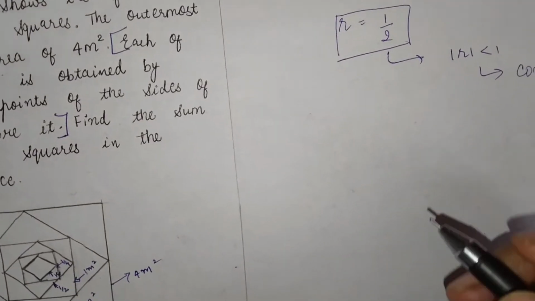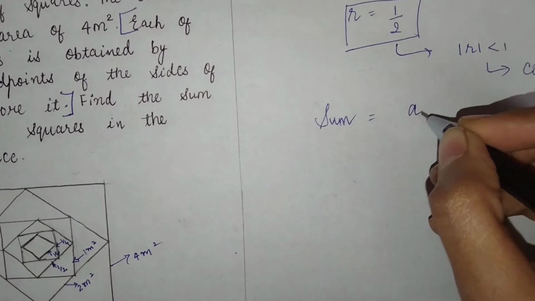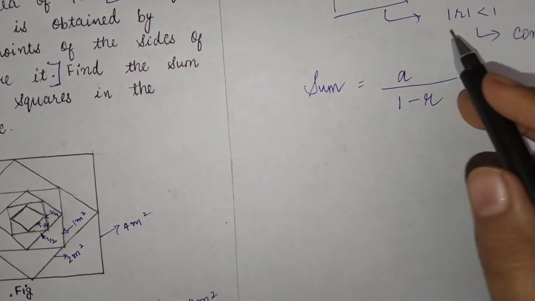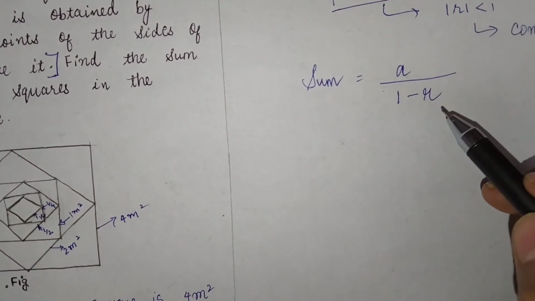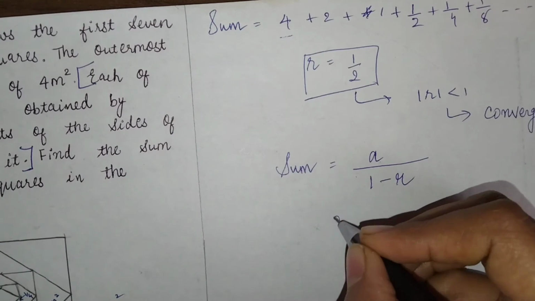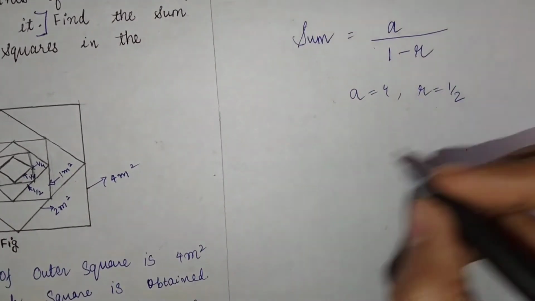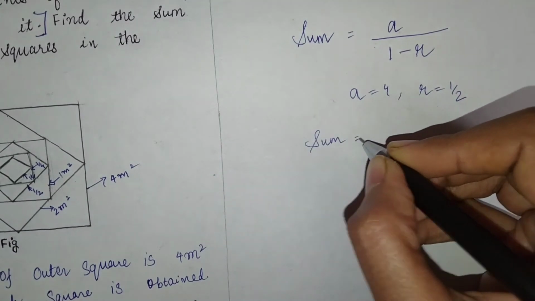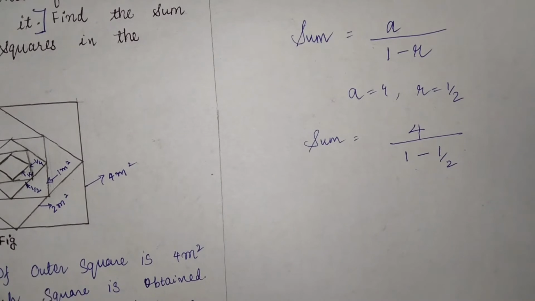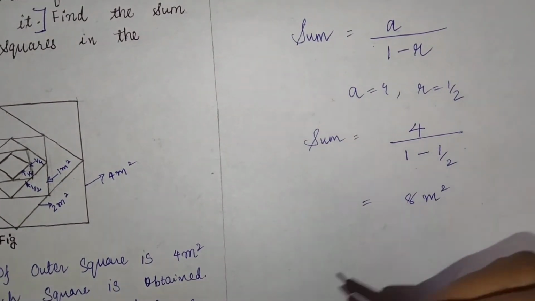So now we can find the sum. If the series is in geometric progression, our formula is a upon 1 minus r. Whenever r is less than 1, we use this formula. Now here a is given, our a is 4 and r is 1/2. So we get the sum as 4 upon 1 minus 1/2, and its answer is 8m².